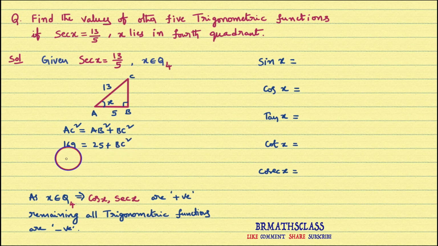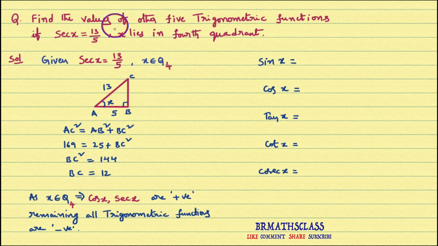So BC square equals 169 minus 25, that is 144. What is BC? BC is actually plus or minus 12, but BC is a distance, and distance is always positive. So BC is 12.